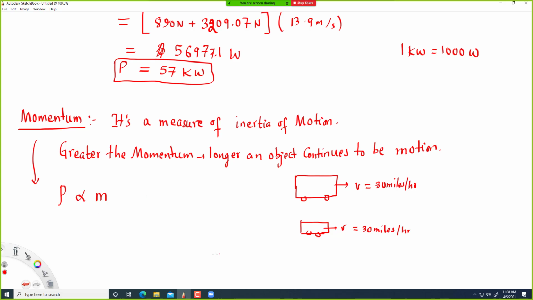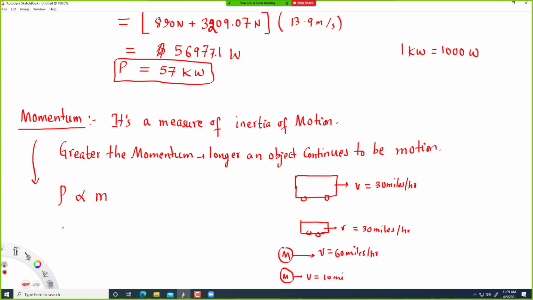Another thing is, let's say you have two balls of the same mass, but one is moving at a higher velocity, 60 miles per hour, and the other is moving at a lower velocity, let's say 10 miles per hour.